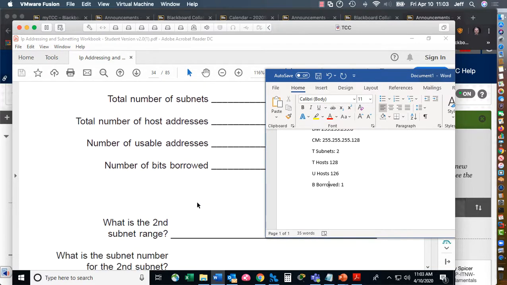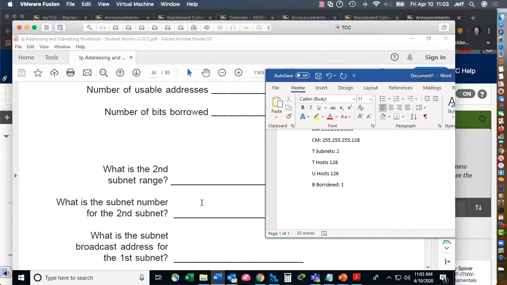And now we're going to answer the ranges question. So what is the second subnet range?